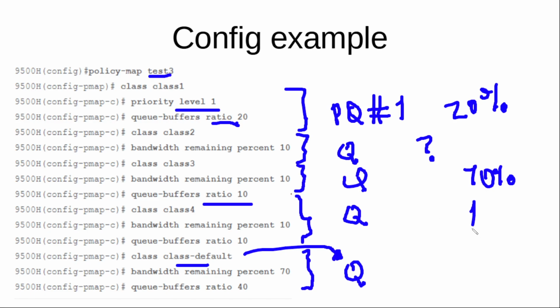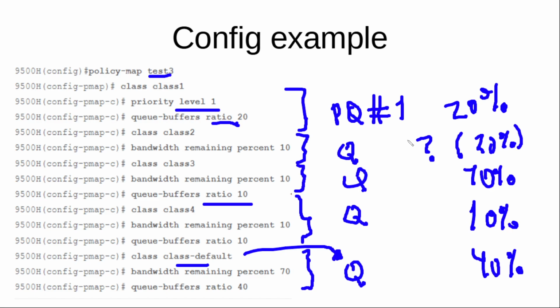Class 4 gets a QBuffer ratio of 10, and the class default gets a QBuffer ratio of 40%. So we might assume that this is assigned at 20% in order to reach the 100%.